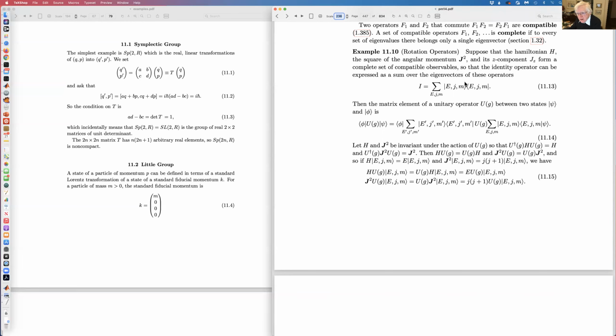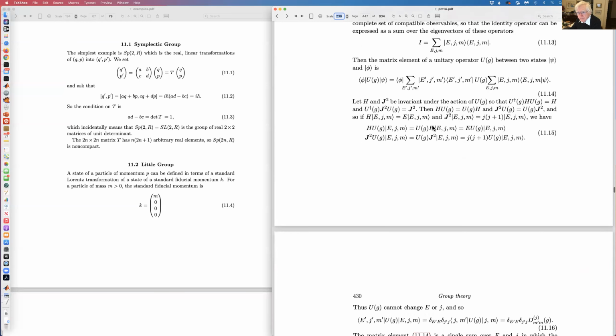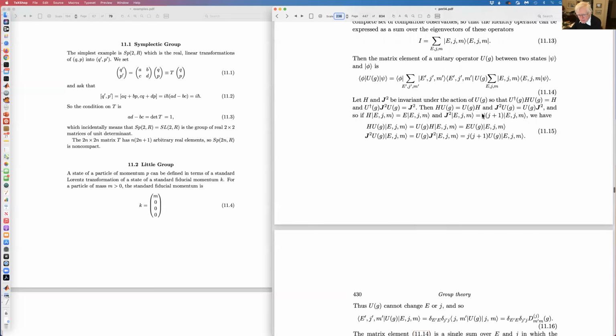Anyway, the identity operator then is the sum of outer products, and the matrix element of a unitary operator between two states then has this form.